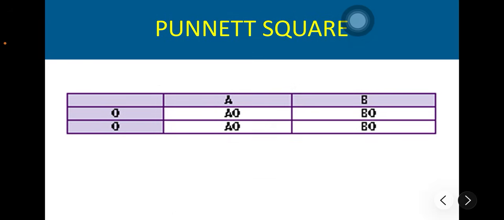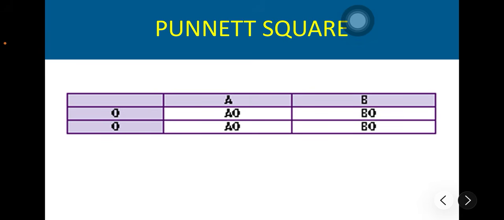So I have here another example. Parent number 1 is homozygous O, while parent number 2 is heterozygous A and B. Both of the genes are considered dominant since A and B are dominant antigens. So just simply combine O and A, and it will become AO, and then O and B will become BO.